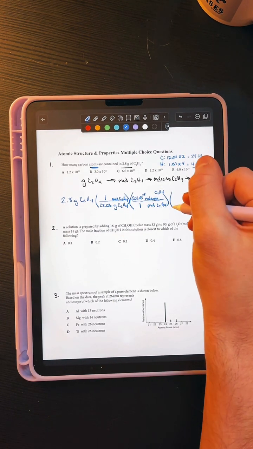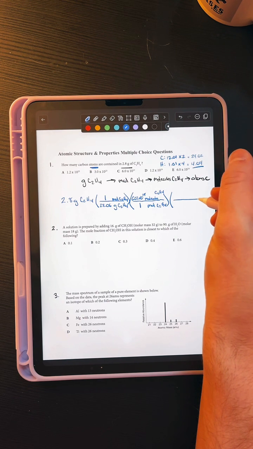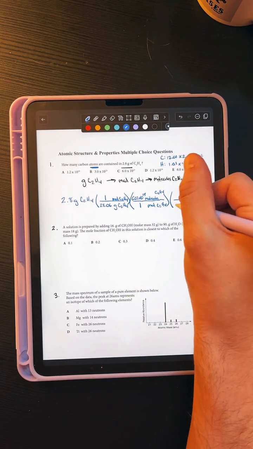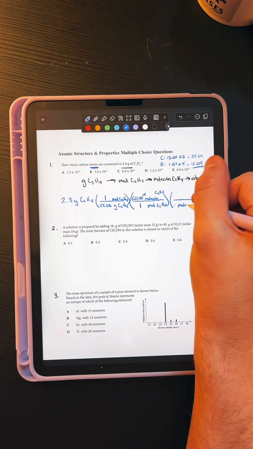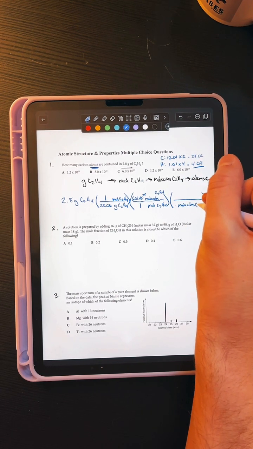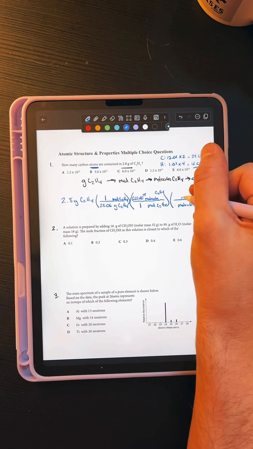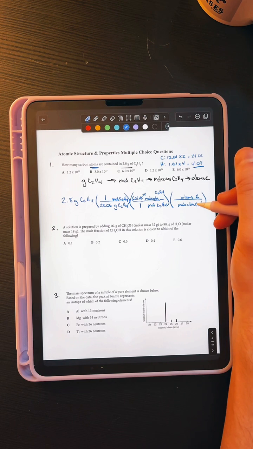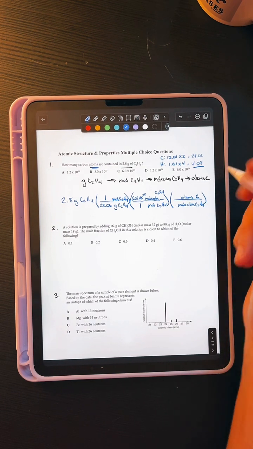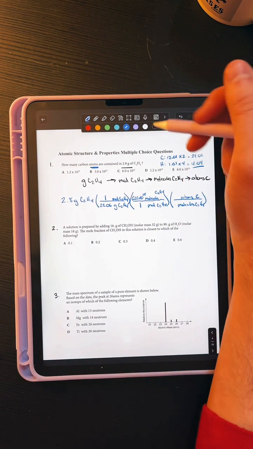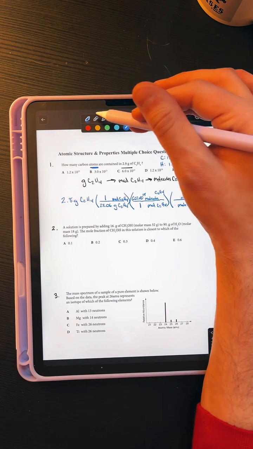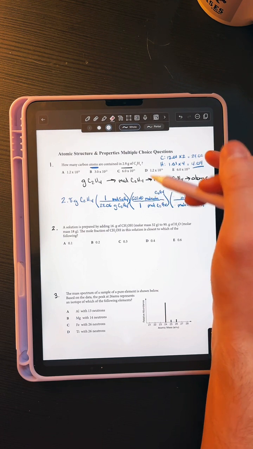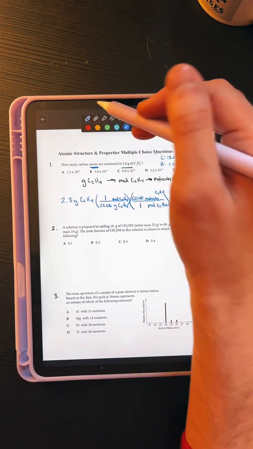So again, one more time, we have to do another unit conversion. We are now in molecules of C2H4, and we don't want to be in molecules of C2H4 anymore. We want to be in atoms of carbon. If I were to give you 23rd, that is a 3. It's just a little funky. I'm sorry if I said 24th.